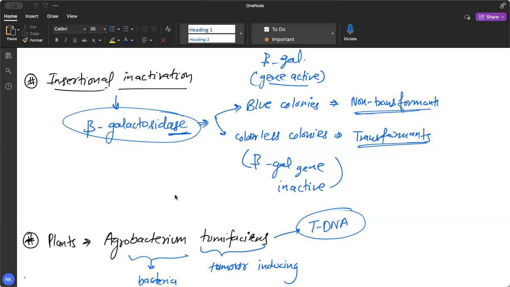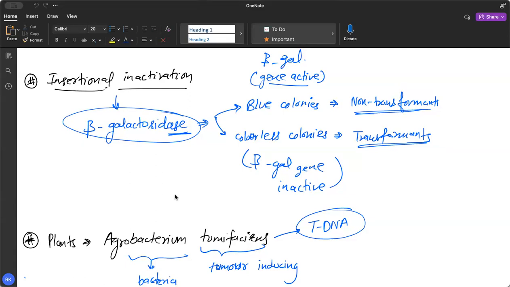As the name suggests, it's a marker that will help you know if your transformation process, the process of making recombinant DNA, is successful or not. If it is successful, then your plasmid carries an antibiotic resistance gene.